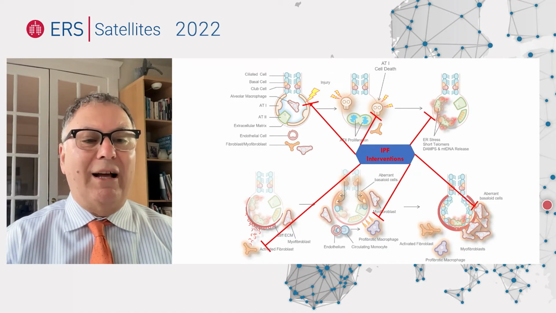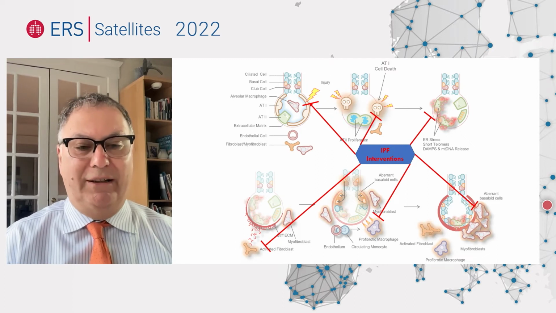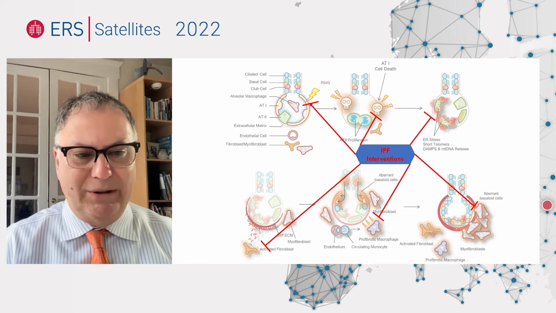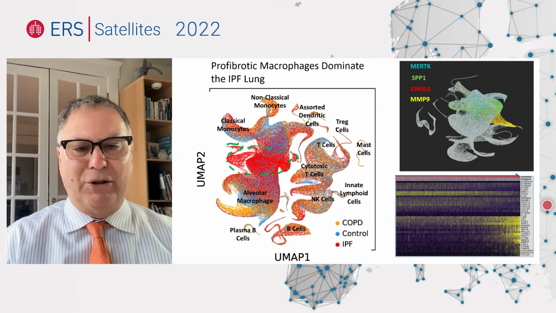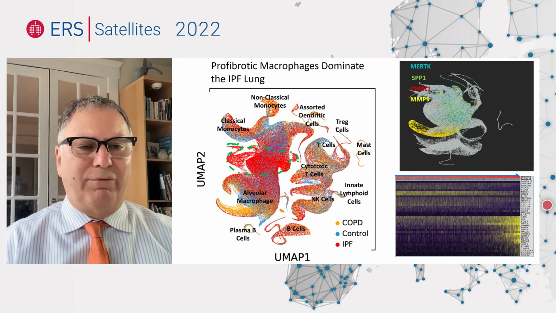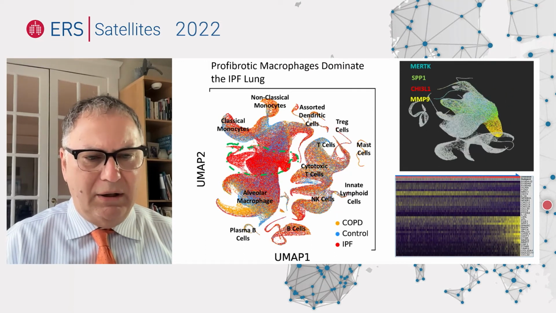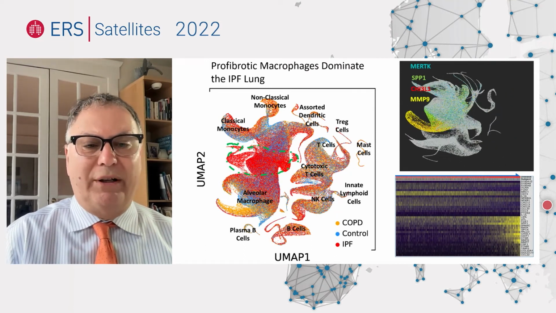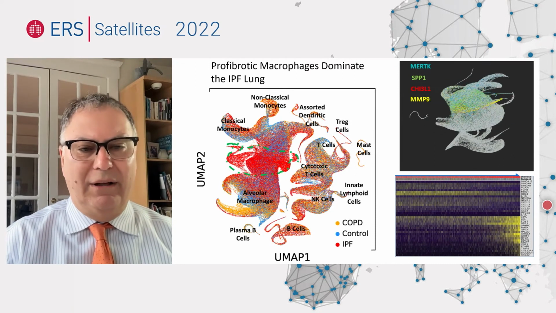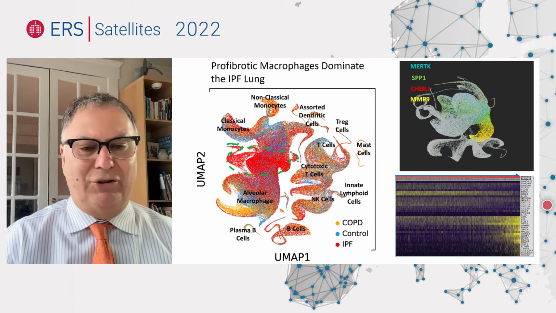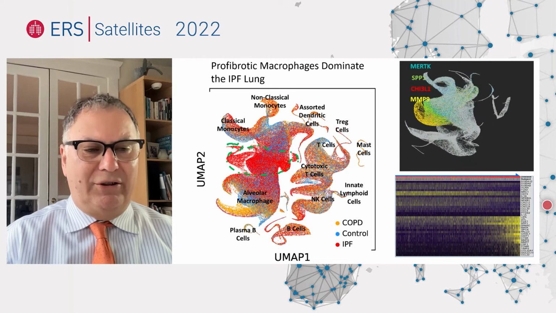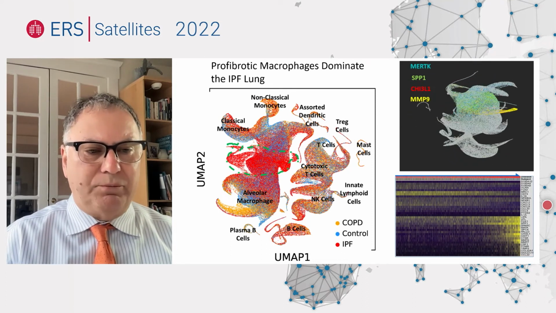The cool thing is that now we can know where we need to intervene, and there are multiple steps. Of course, I won't go into every detail, but I'll just mention two things. One is the profibrotic macrophages highlighted initially by Sasha Misharin. These are all the inflammatory cells in the lung. Every dot here is a cell, and that's their gene expression. And here, this is colored by disease.